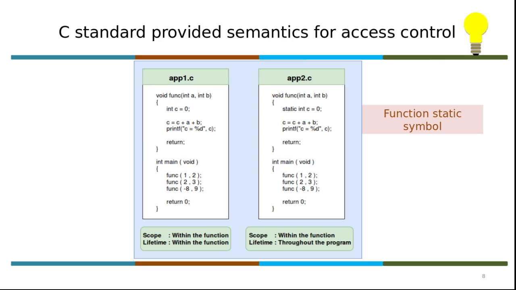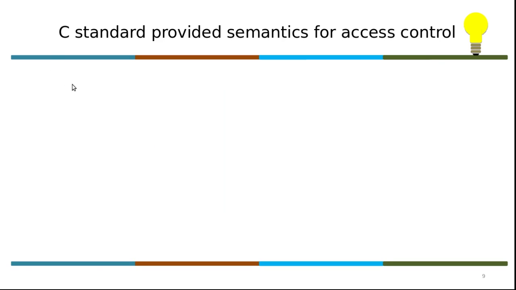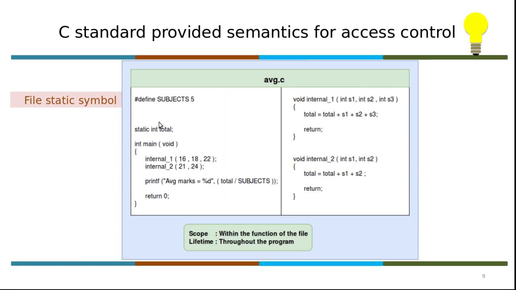Next, we have file static symbol. If the static specifier is used for a symbol which is defined above the functions, it is called a file static symbol. The scope is available for all the functions within this program.